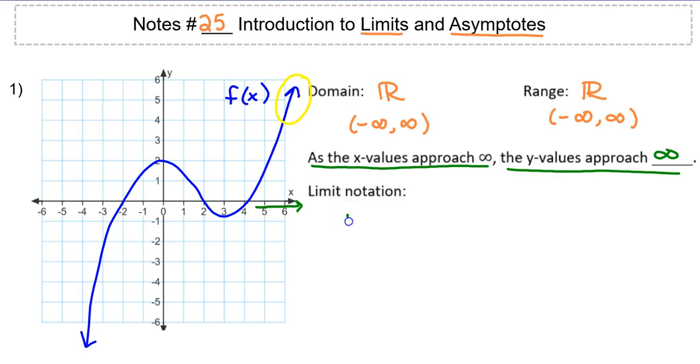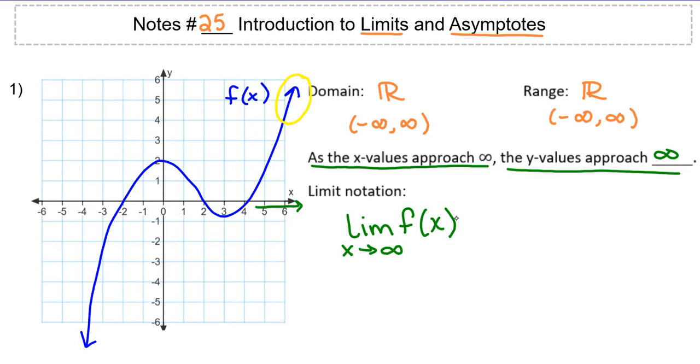We abbreviate the word limit. We write LIM. Underneath, we say what x is doing. So we say the limit as x approaches infinity. And then it's the limit of what? Well, what are we looking at as x approaches infinity? We're looking at y, or we're looking at f of x. So you can put the name of the function right here.